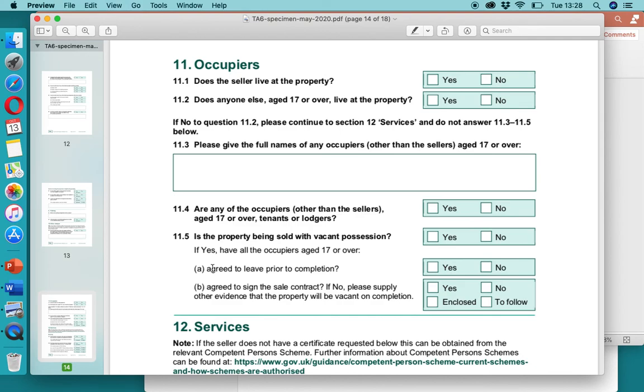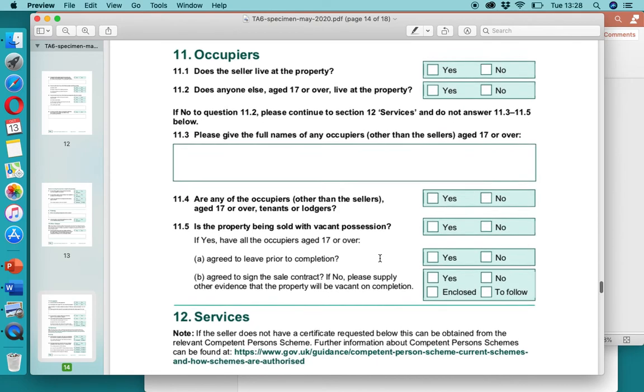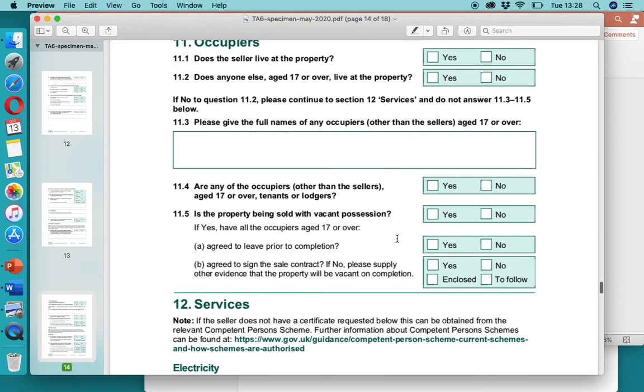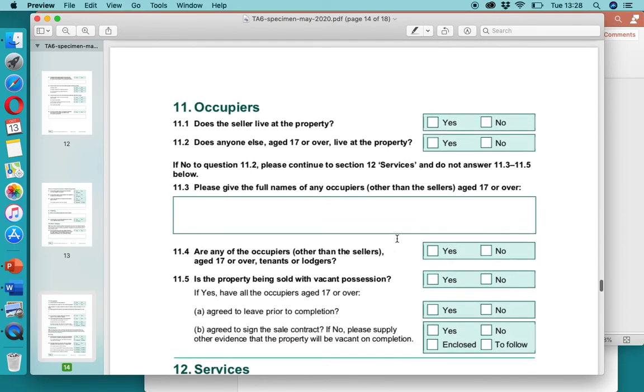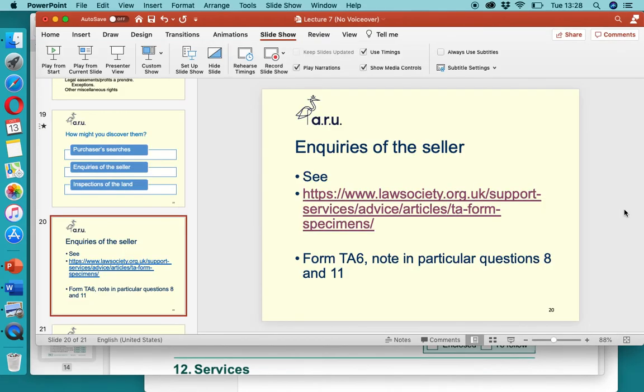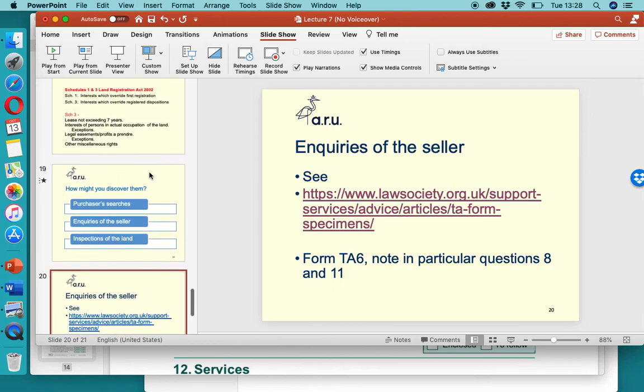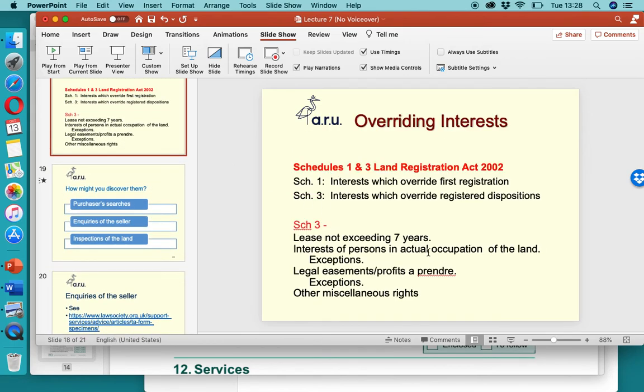Is it being sold vacant? Have these people agreed to leave? Have they agreed to sell it if their permission is required in some way? Please give some evidence that it will be vacant. So that's requiring really that this person who has an interest in actual occupation of the land will be gone when the property is sold.